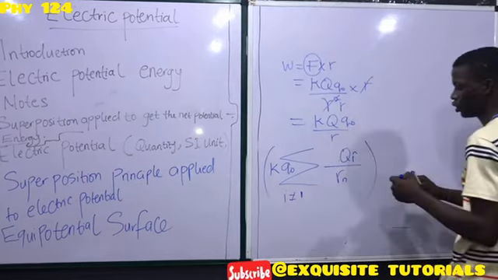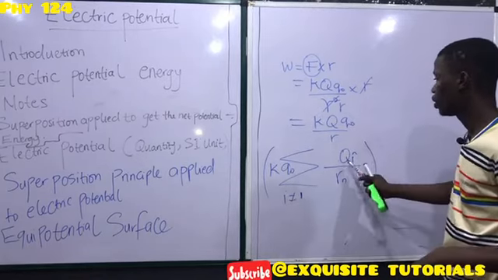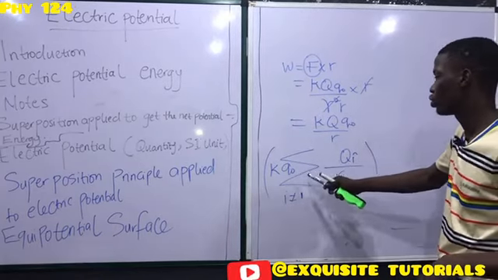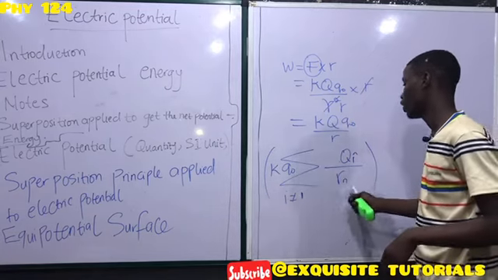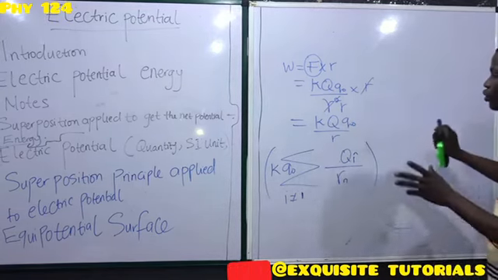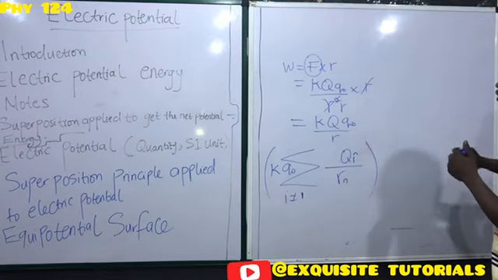So the summation of kq0 qi over r gives us the value for several charges relating to each other.